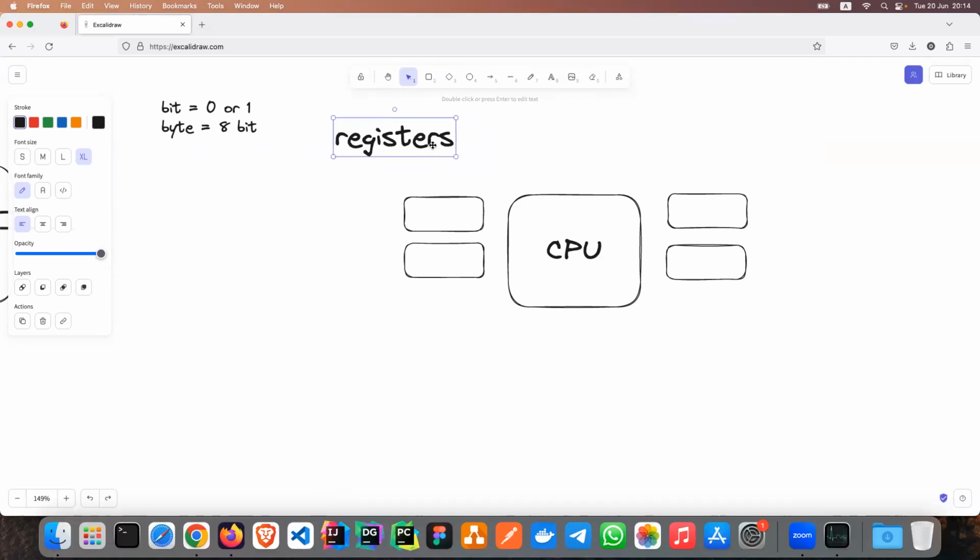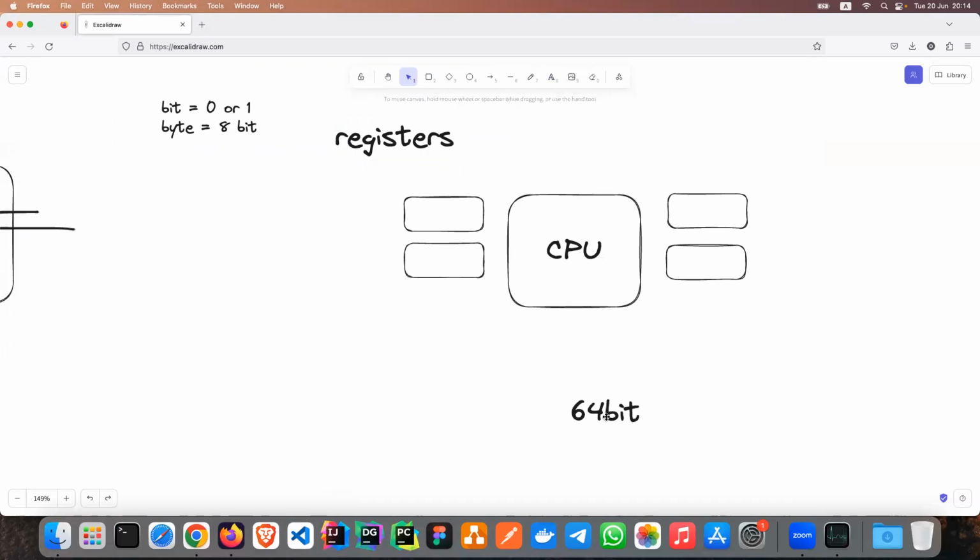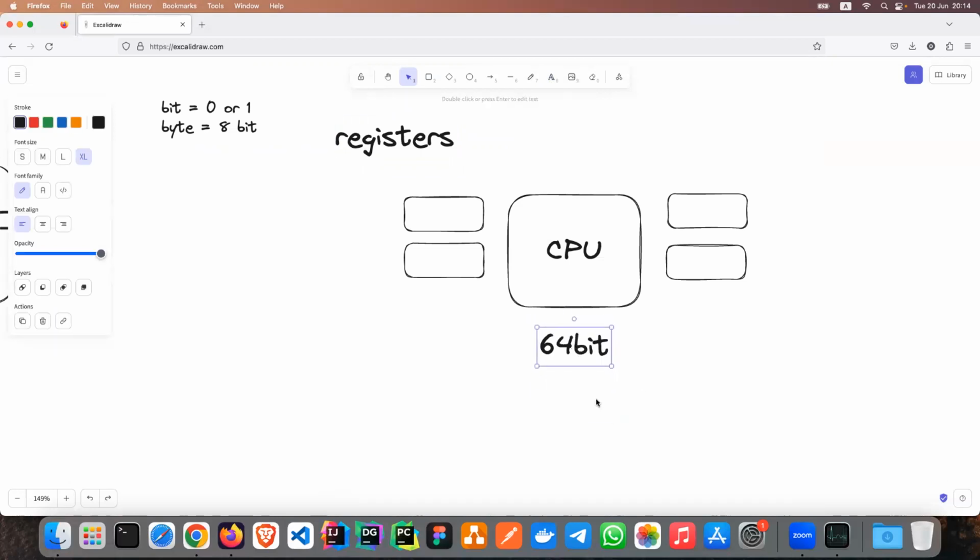And in modern CPUs, registers can be, for example, 32-bit or 64-bit. Let's say our CPU is a 64-bit architecture.